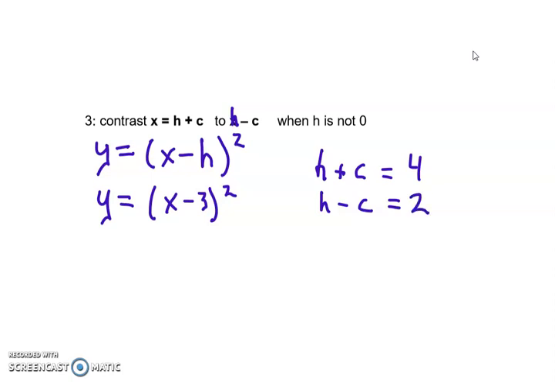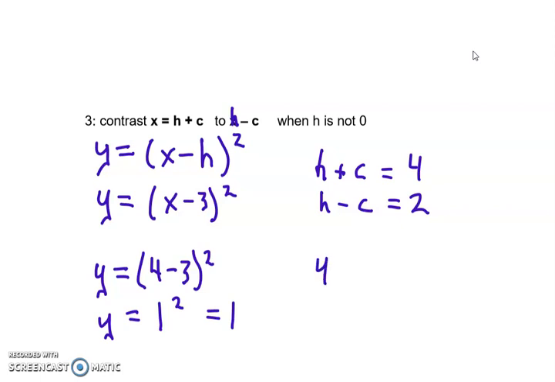So now let's work that into the equation and compare the two of them. I'm going to say y equals (4 minus 3) squared. Well, 4 minus 3 is 1. I'm looking at y equals 1 squared, and of course that is 1. Let's look at the other side. Y equals (2 minus 3) squared.